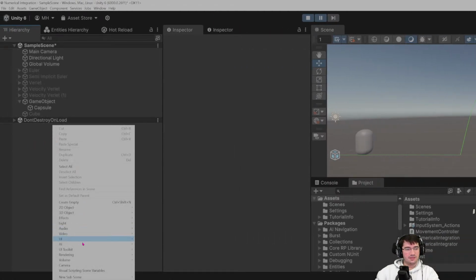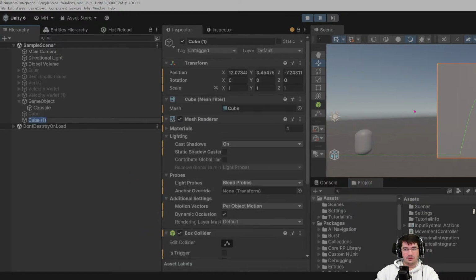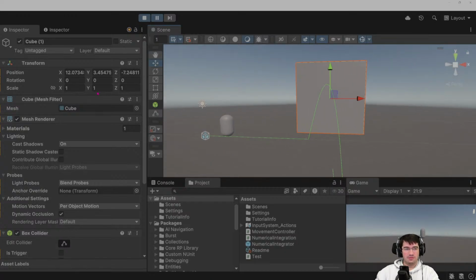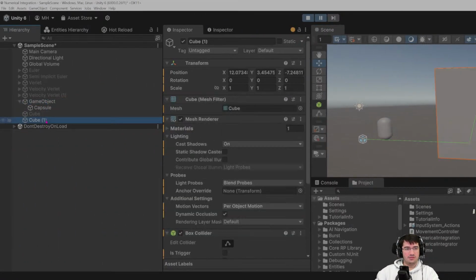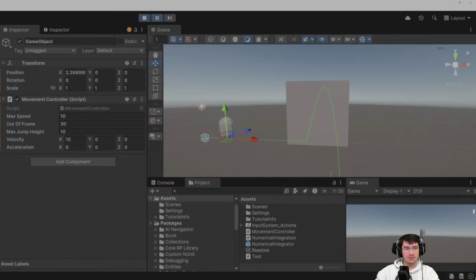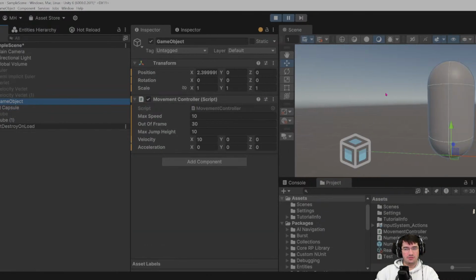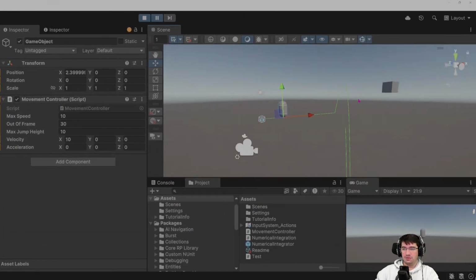Let's create a 3D cube. I mean, if that cube is 1, what's the scale of this stuff?